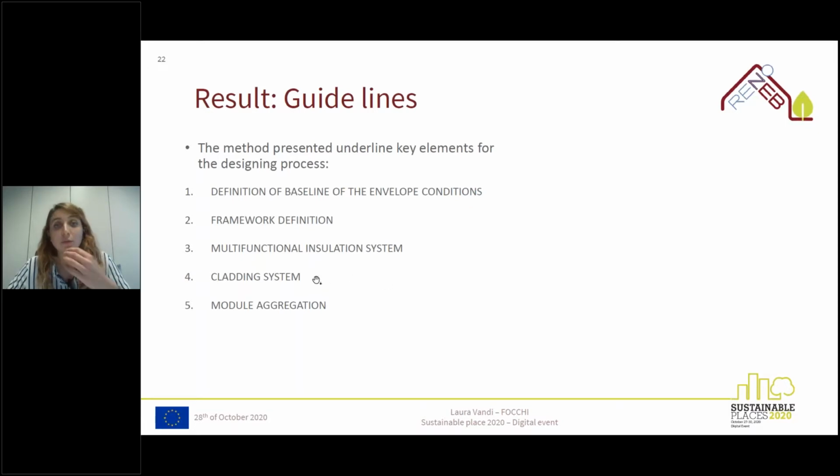The cladding system could also be in wood, in fiber cement, and so on. The last part of the key of the guideline is the module aggregation, in order to have an optimization of the logistic plan, and even for the transportation, for the installation, or for the manufacturing activities.